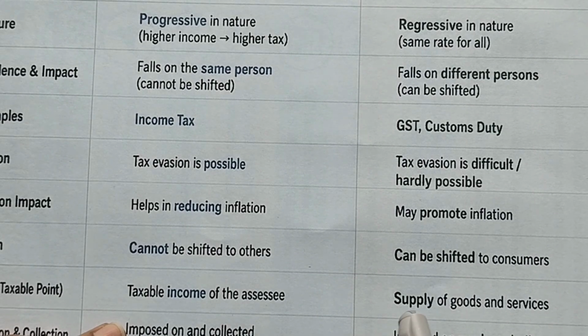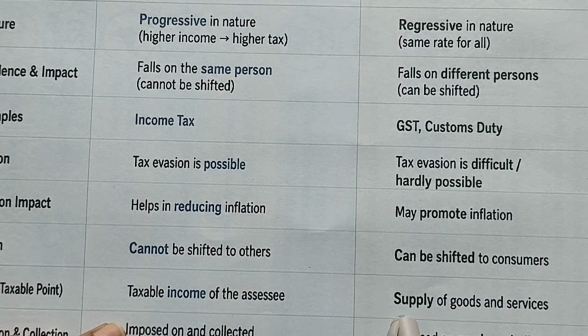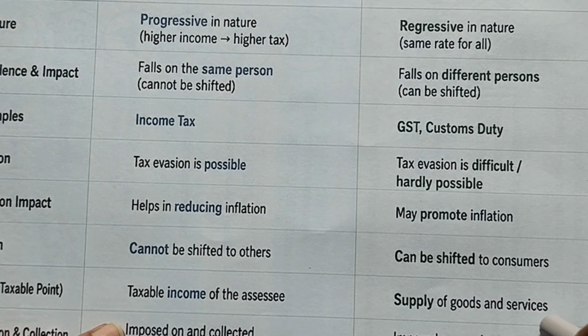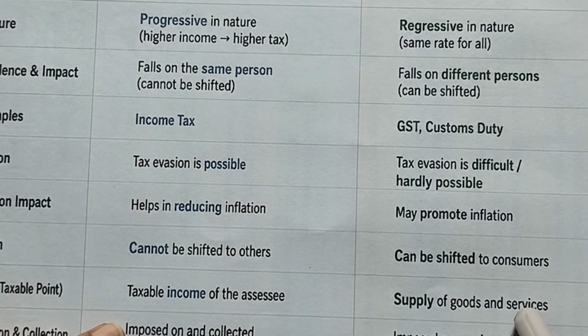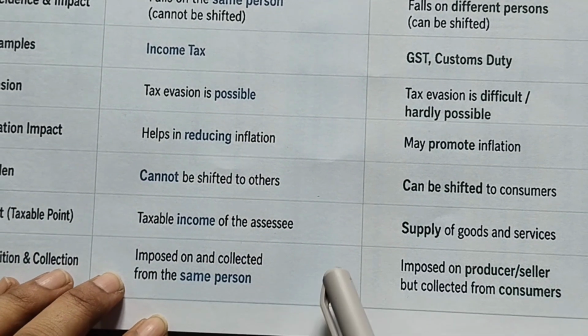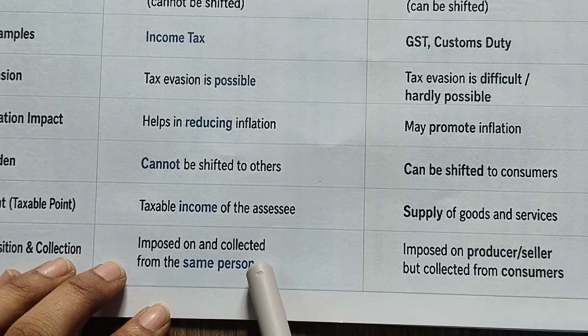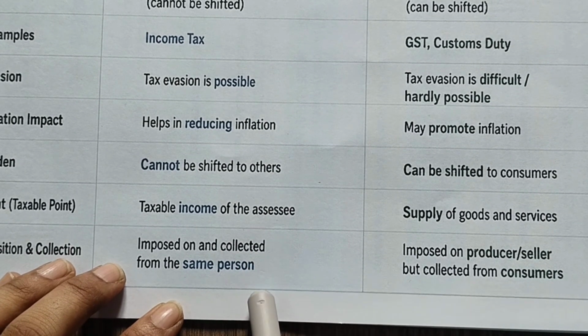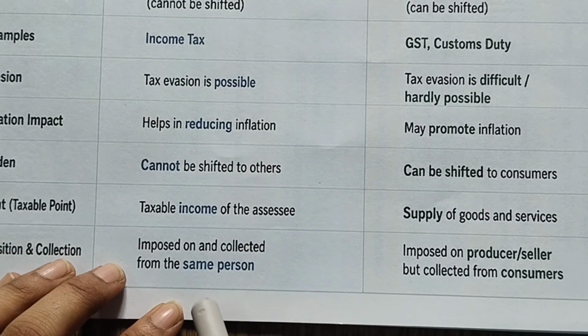But in indirect tax, there should be supply. The taxable event called supply should be there, and supply of what? Goods and services should be there. Either goods or services or both should be there. Who imposes and collects? In the direct tax, it is imposed and collected by the same person only.